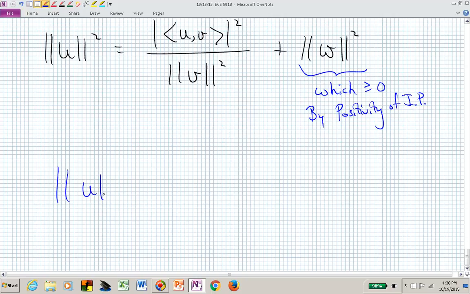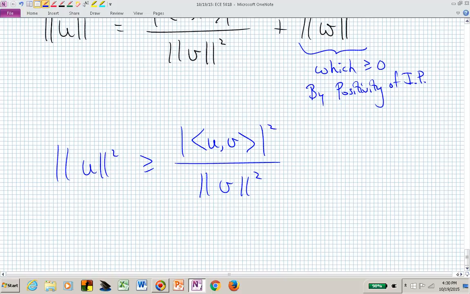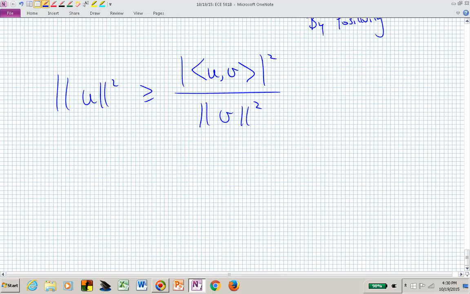Writing that, we now know that the norm of u squared is greater than or equal to the absolute value of the inner product of u and v, squared, over the norm of v squared.